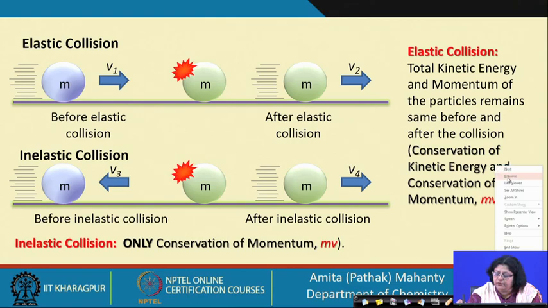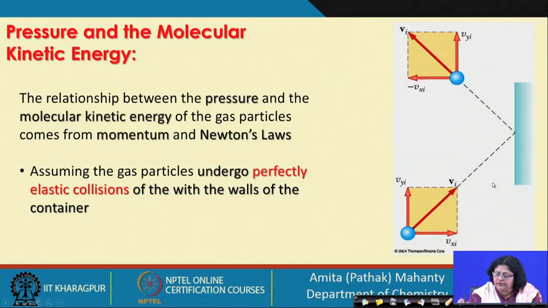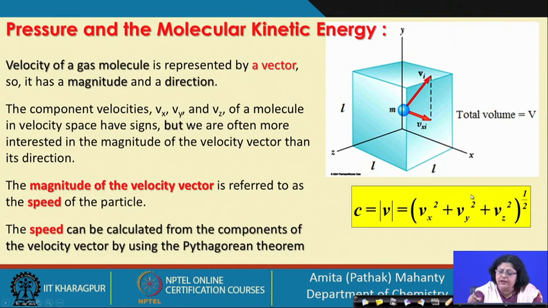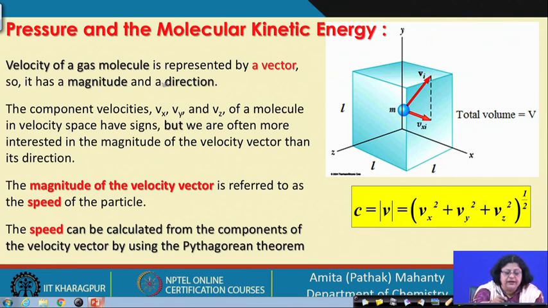So, we again visit what we were taking in the previous class. We had a total volume of this container, which was cubic, taken to be V, with each side of length L. The velocity of the gas molecules is a vector, so the x, y, z components of the velocity exist.